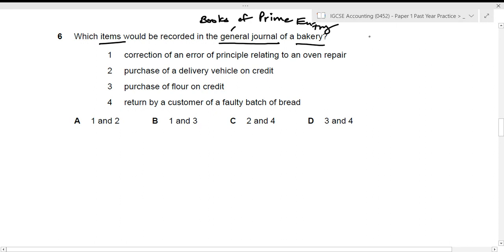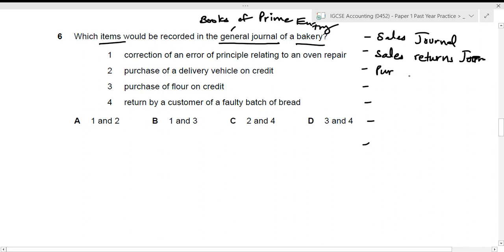So just let me list down all the 7 books of prime entry first quickly, just to recap. There's a sales journal which all credit sales go into. There is the sales returns journal. There's the purchases journal.